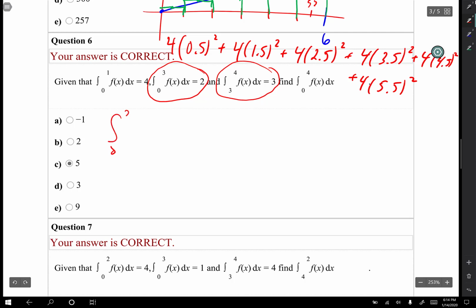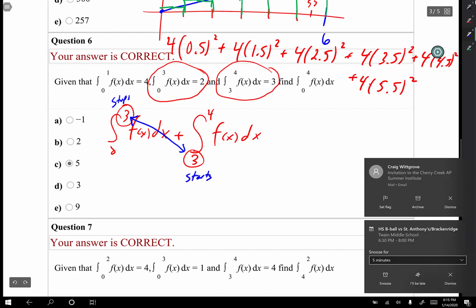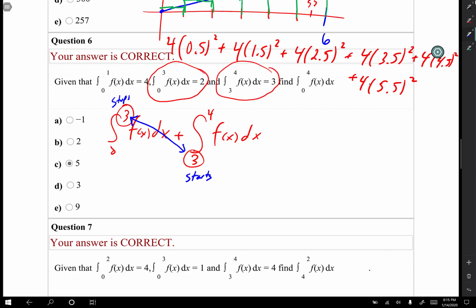So the integral from 0 to 3 of f of x dx plus, where this one stops, this one starts, 3 to 4. See, so these two match. Equals 2 plus 3, so we got 5.